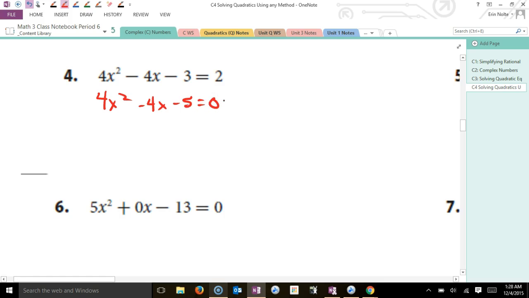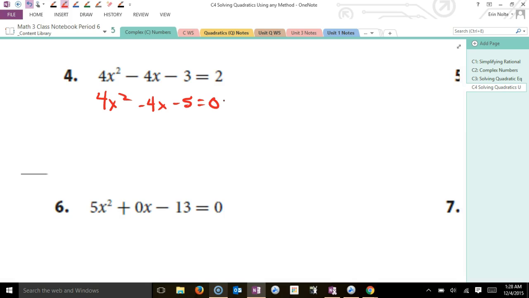Okay, so now which method should I use? Okay, we could certainly try factoring. To see if it's factorable, I would multiply the 4 times -5, which is -20.